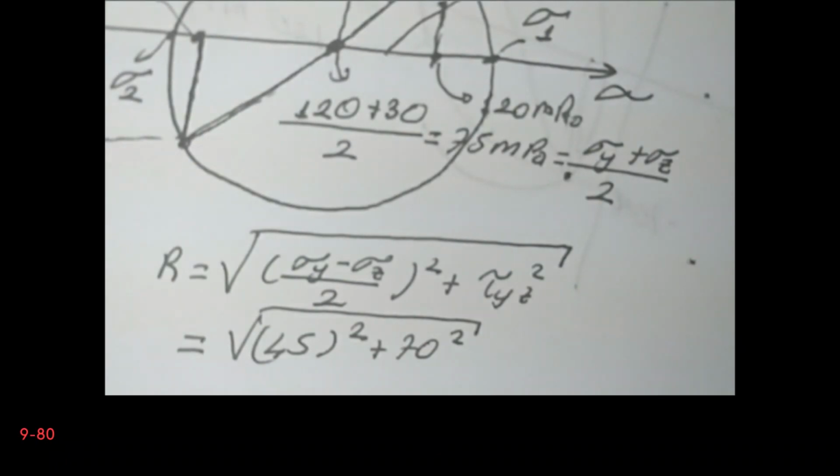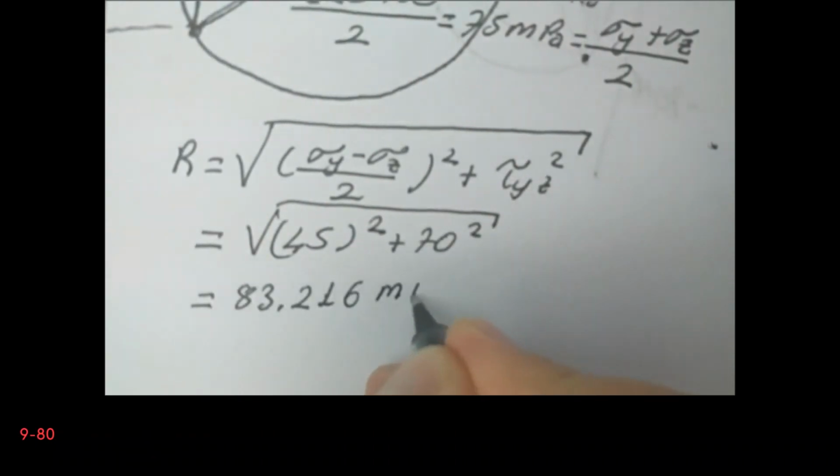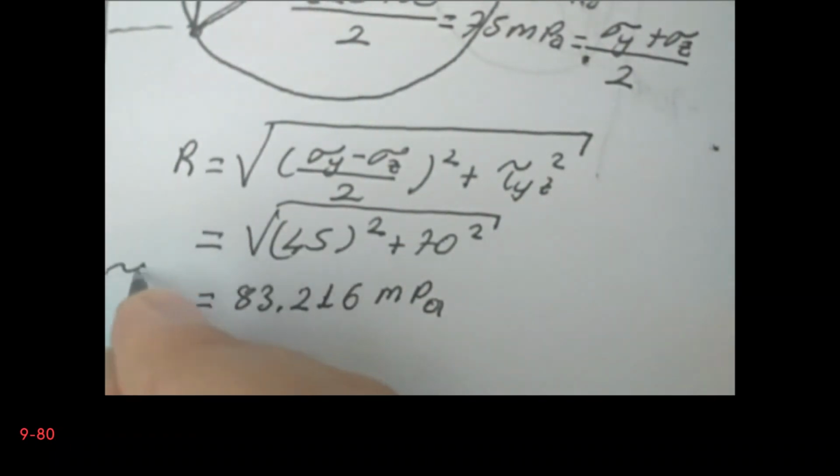So the value of the radius is 83.216 megapascals. In fact, this is equal to tau max, the maximum shear stress.